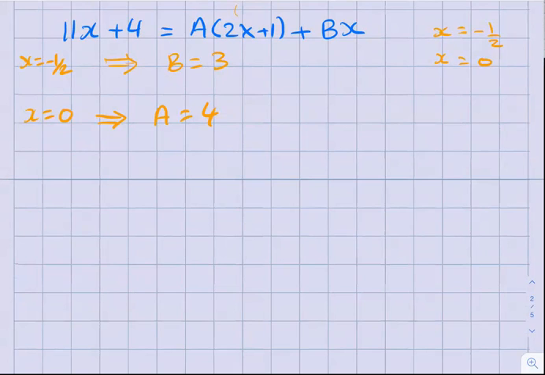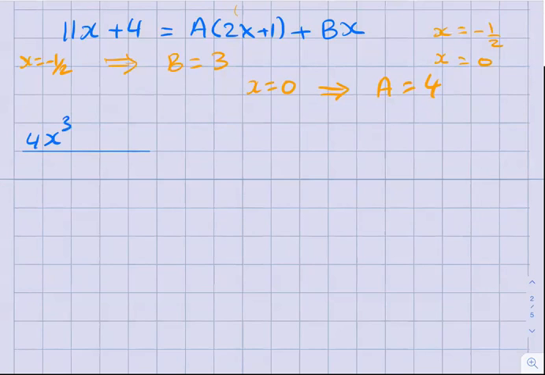So this is going to be, move this away here. So therefore, now we can say 4x cubed plus 10x plus 4 over x times 2x plus 1 equals 2x minus 1.